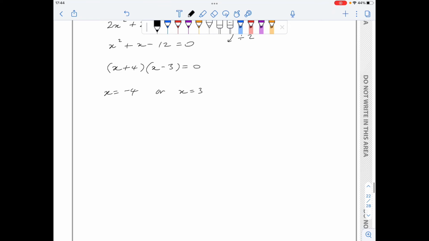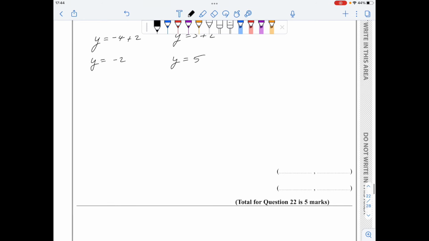And if I substitute into the linear equation, I will get y equals minus 4 plus 2. So y is equal to minus 2, or y is equal to 3 plus 2, which will give me y is equal to 5. So my 2 points of intersection are (minus 4, minus 2) and (3, 5).